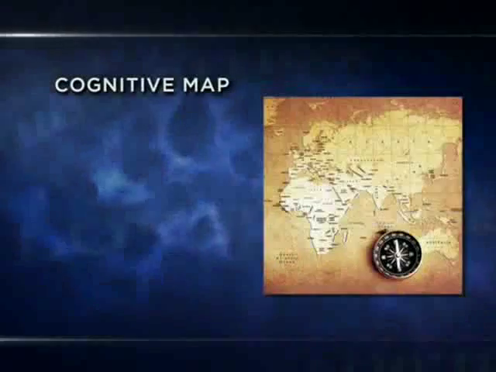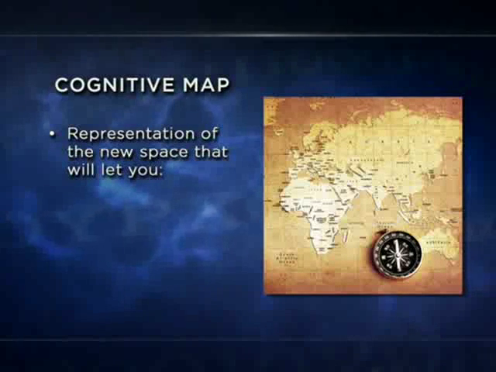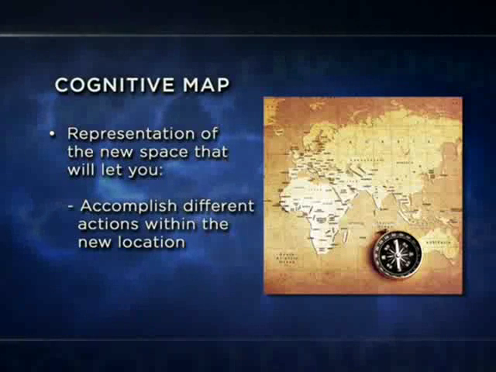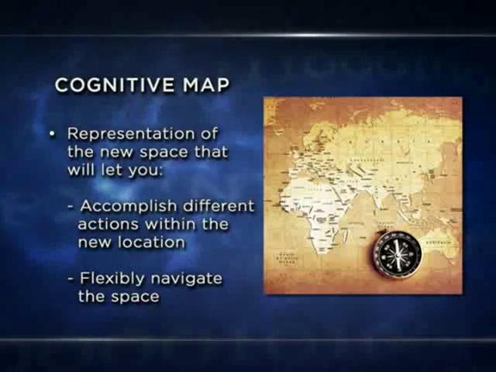Human beings can't read magnetic fields, but our spatial abilities are not terrible. We're actually quite good. In fact, what we have in common with honeybees and other species is that we learn cognitive maps of our spaces. A cognitive map is a representation of the new space that will let you accomplish many different actions within the new location and to flexibly navigate that space.